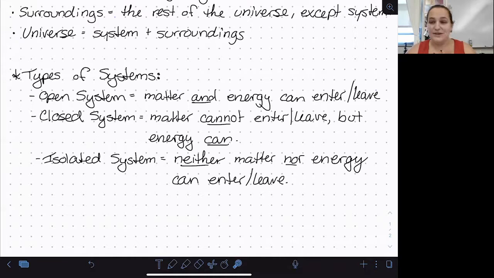So if you use a really well insulated container and it is closed to the outside, so matter can't get in and out, and energy transfer through the walls is minimal due to the insulation, we can mimic an isolated system. Technically, a little bit of energy does still get out no matter how well you insulate it. But that is usually what we're trying to do in most thermodynamic experiments, and we'll see that soon in upcoming lessons, how we go about that.